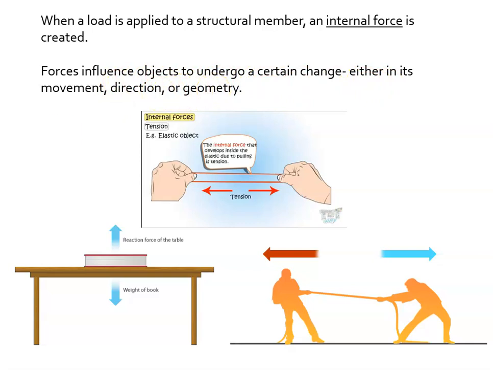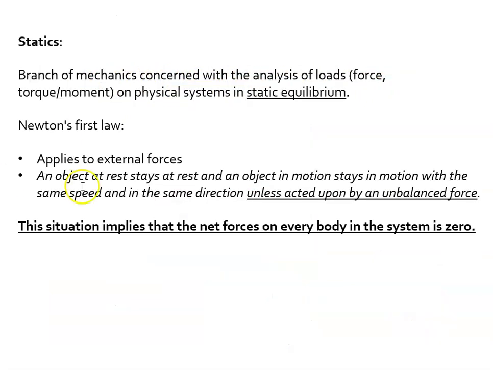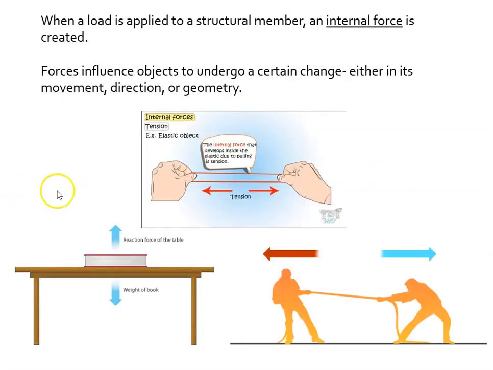All right, so if we go back very quickly to the object at rest stays at rest, and the object in motion stays in motion. So that is the motion, basically. If something is rolling, it's just going to continue to roll until something pushes back on it, essentially. That's not, for buildings, our concern. We typically don't discuss movement. It's really geometry.